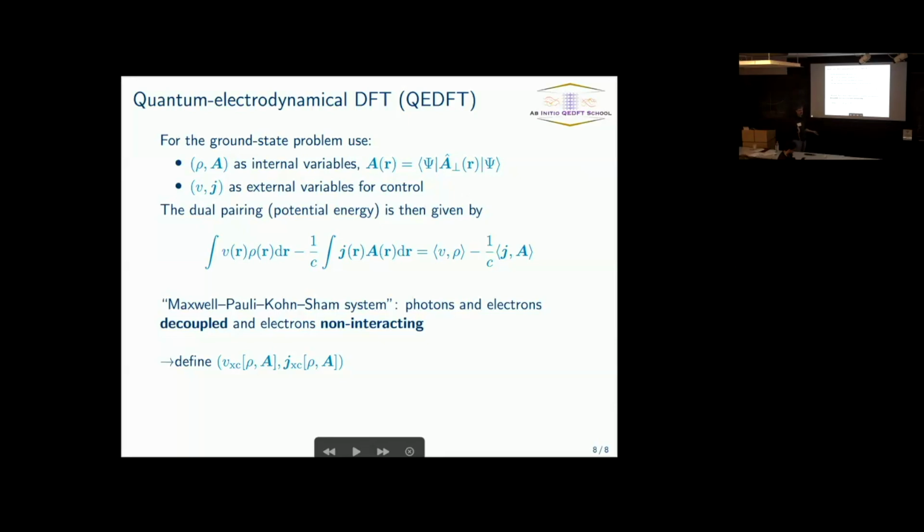Because the interaction between the particles is mediated over the photon field. And instead of a V_XC, I should also define a J_XC if I want to have this full formulation. I mean, usually we do some reduced formulations. And from this point on, we continue with Ita's second part, which will really use this framework and make it applicable.